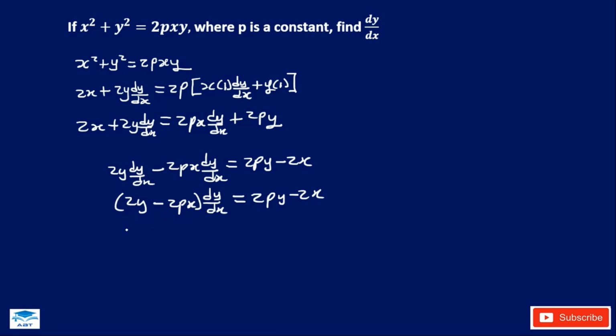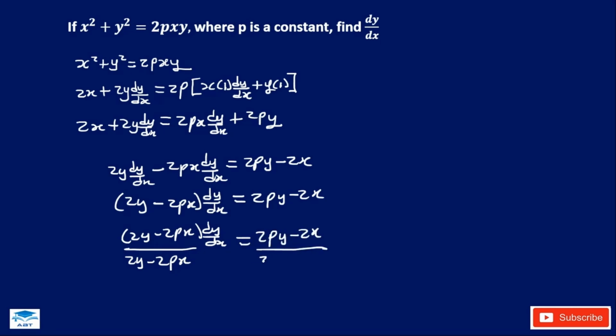So we have 2y minus 2px, dy/dx over 2y minus 2px is equal to 2py minus 2x over 2y minus 2px.